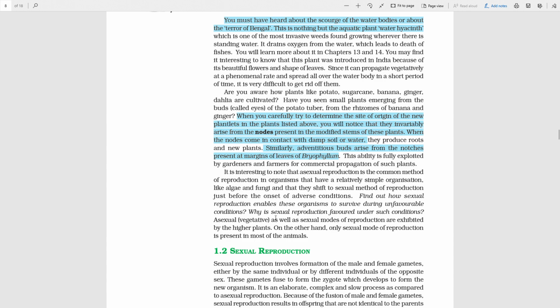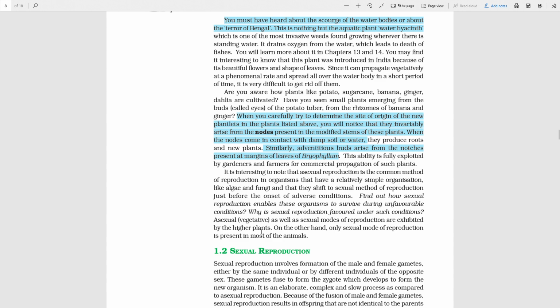Why is sexual reproduction favored under such conditions? Because sexual reproduction is more of a protective mode for these organisms to save themselves from being rotted from the ground or wherever they grow. Asexual, vegetative, as well as sexual modes of reproduction are exhibited by higher plants. On the other hand, only the sexual mode of reproduction is present in most animals.